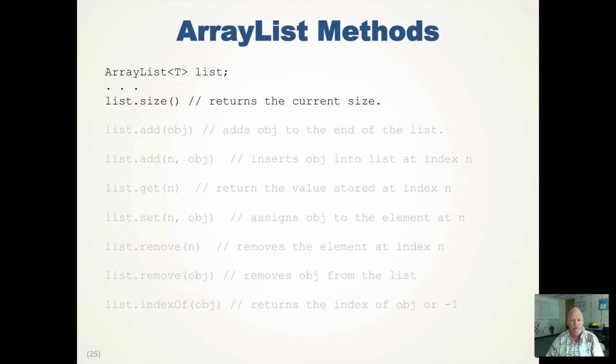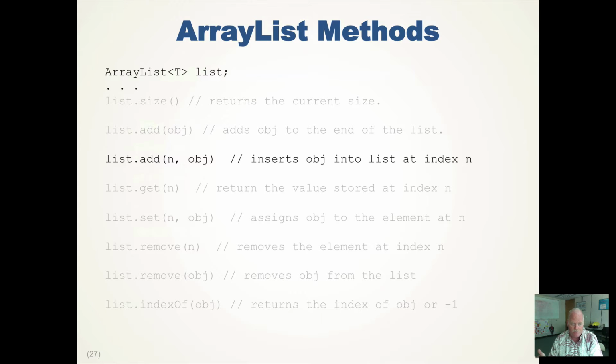The ArrayList provides a bunch of really useful methods. We can get its size to see how many items are in the list. We can add an object to the end of the list, so just add it at the end. We can add it in the middle or at any index, so we insert the object at index n.